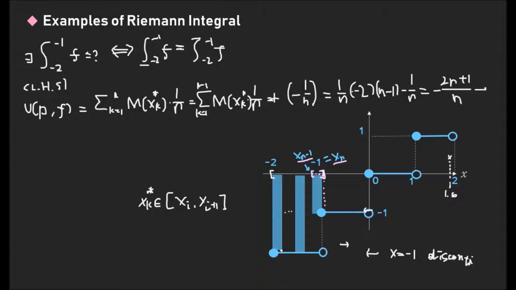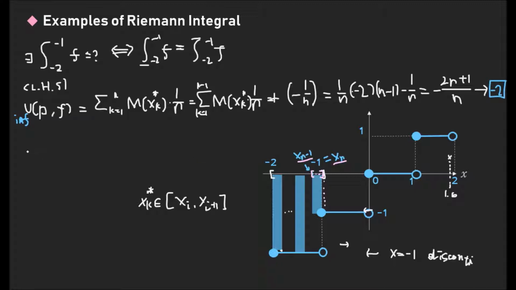And we can take the upper sum, this is just U(P, f). Then if we take the infimum of the value, this clearly goes to minus 2.